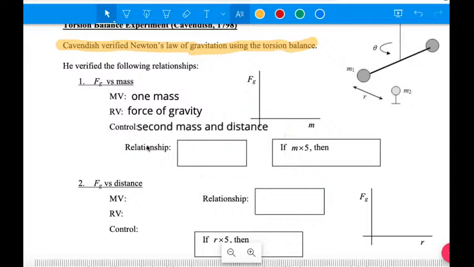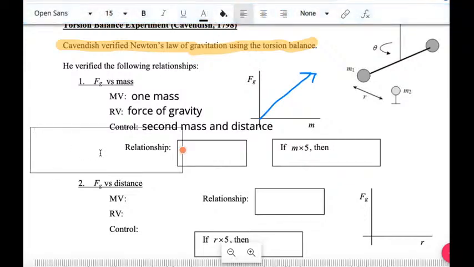If we're changing both masses, right, it's harder to draw solid conclusions. So when you change one mass, you can see that the force of gravity will increase in a directly proportional way. So the graph would be a directly proportional graph, just a straight line up and to the right. The more we increase mass, the more our responding variable, force of gravity, will also increase. So for our proportionality, or our relationship, I will just write out a quick sentence for it.